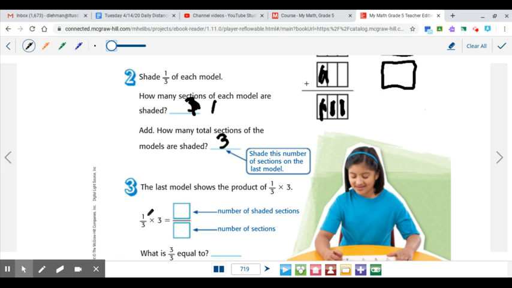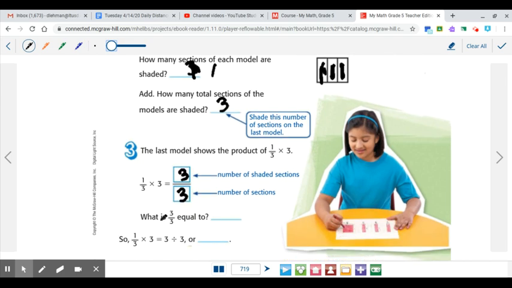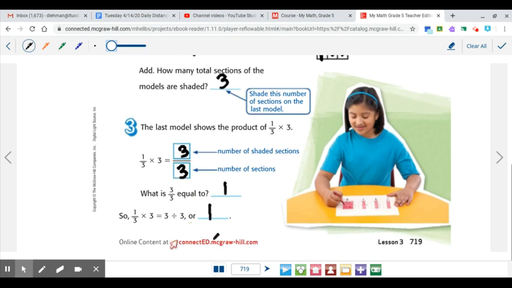So now there's a total of 3 shaded pieces, and there's 3 sections, okay? And we know that 3/3 is equal to 1. So if you look at this, 1/3 times 3 equals 3 divided by 3, which is also equal to 1.